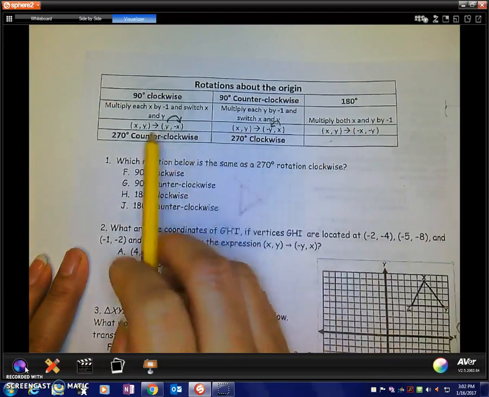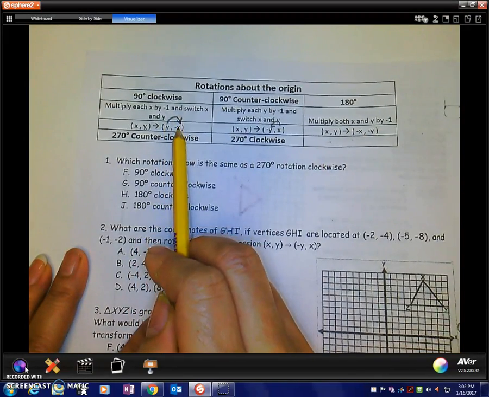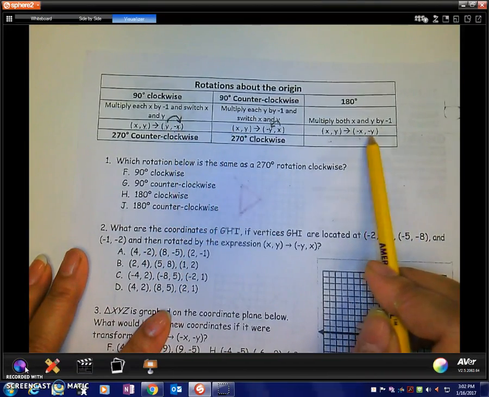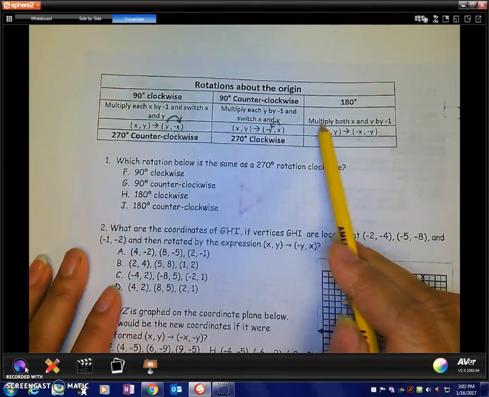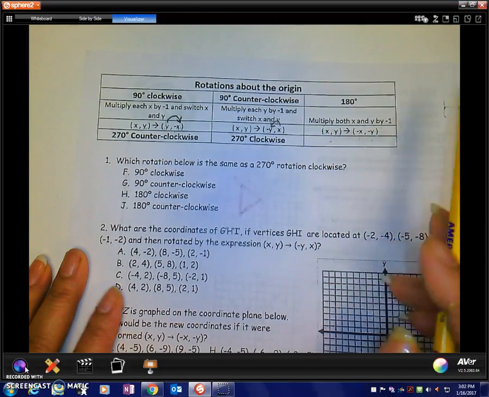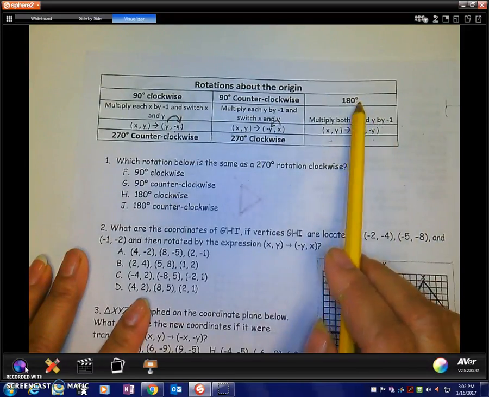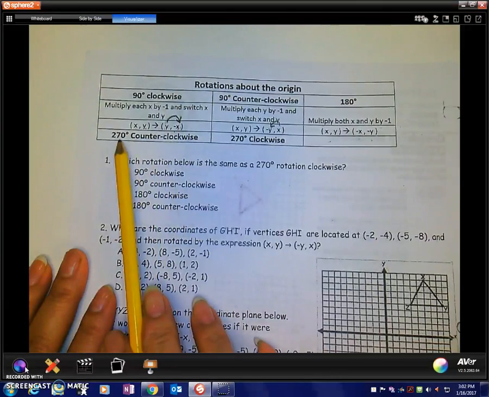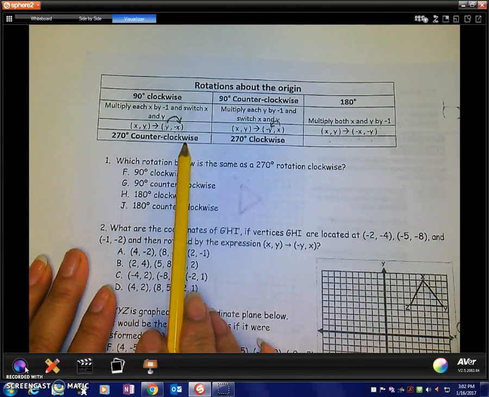180 degrees, as I explained, we do this way, and then we do it again, so it goes back to X and Y, and both of them negative. In other words, we multiply X and Y by a negative 1. The same thing as 90 degrees clockwise is 270 counterclockwise.